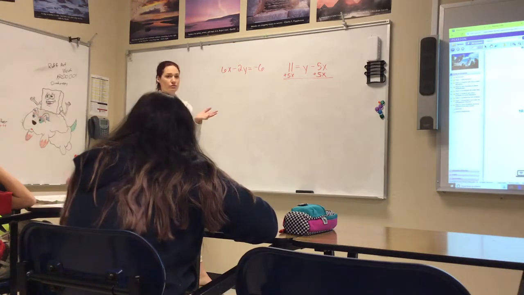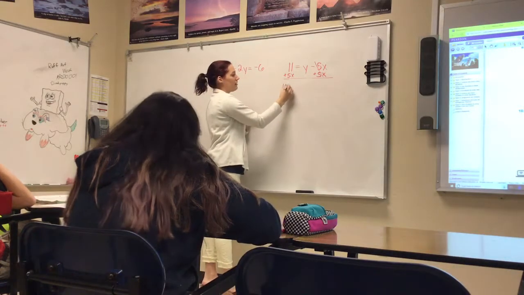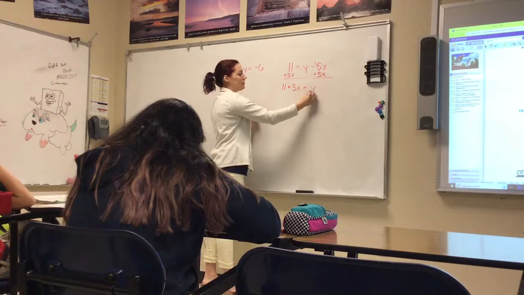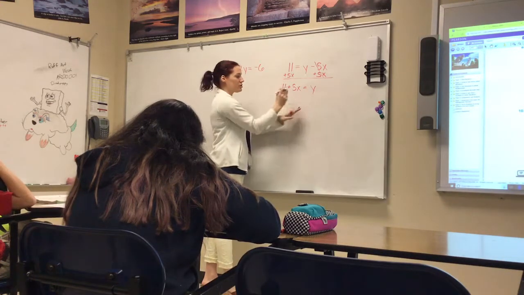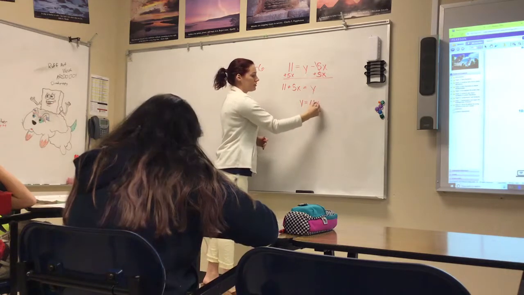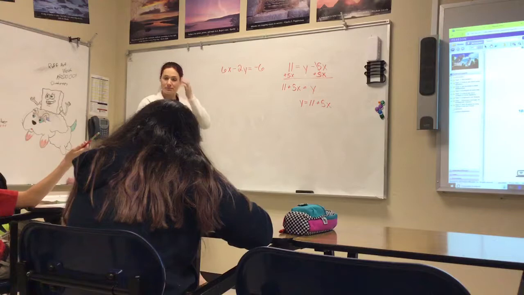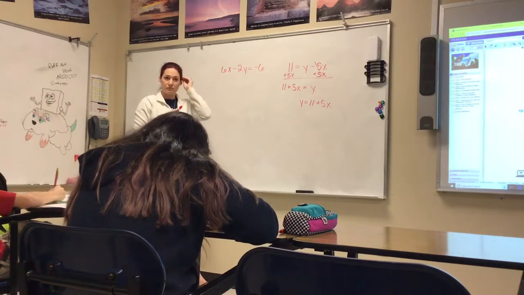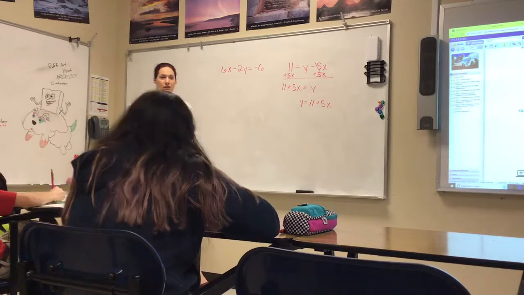It's just a little shorter. So I would get that 11 plus 5x equals y. I don't like having the solved part on the right, so I'm just going to switch these around. y equals 11 plus 5x. I've solved for a variable. Now what?